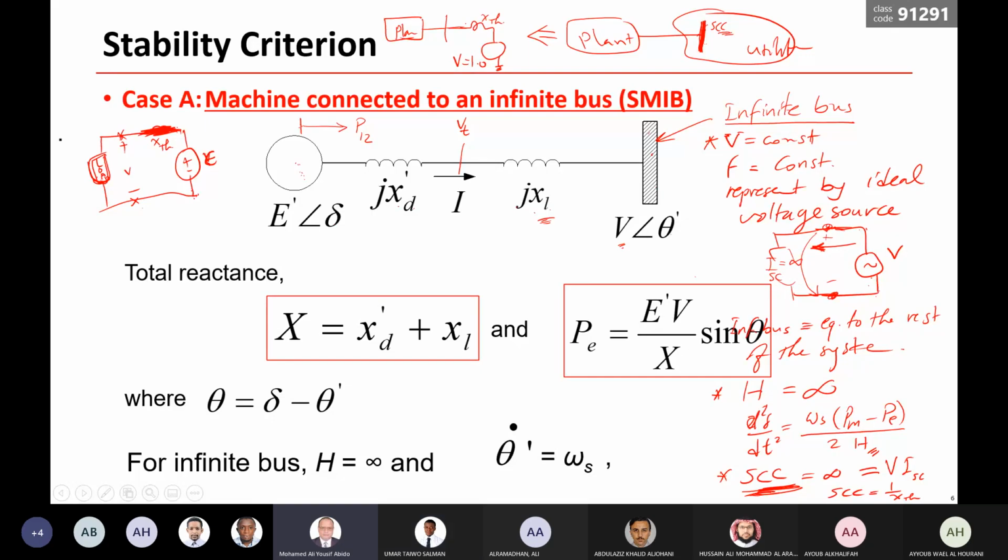In real life you cannot have a voltage equal to a constant, a frequency equal to a constant. This is just an approximation. When we say the short circuit capacity is infinity, this is not practical. You have a very high short circuit capacity, but infinity is some kind of extreme, just to explain. In real life, definitely the voltage will be affected.